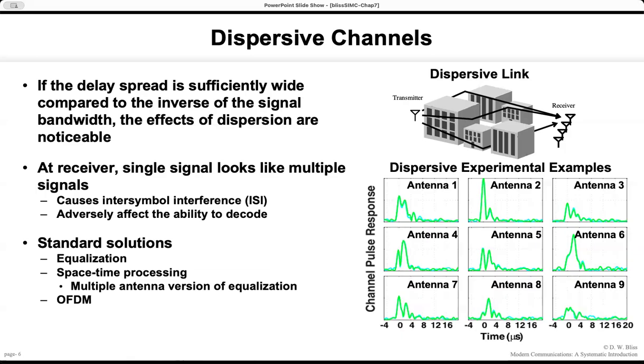Now we can't resolve it in time, but they will have different phases and multiple paths coming in for each approximate point in time. So you can imagine that there are some signals that are delayed by a few thousand feet, but there are other signals that maybe are just delayed by several feet. And so you can't actually see that relative delay. It's not long enough for us to actually notice it.